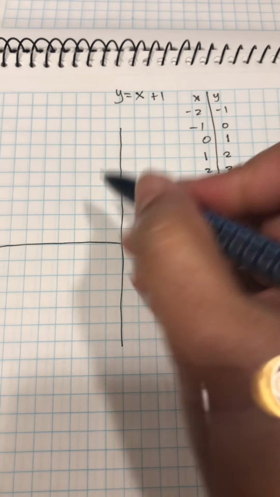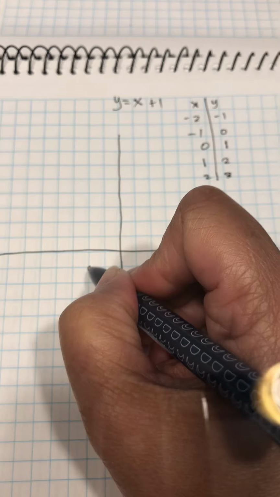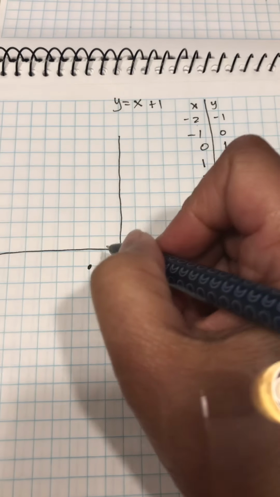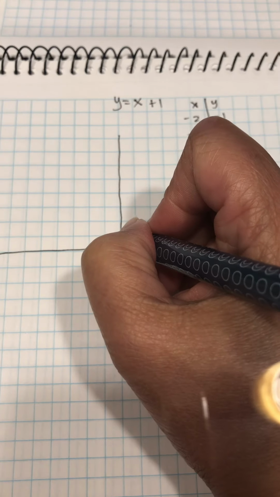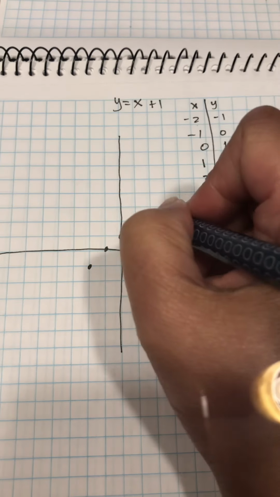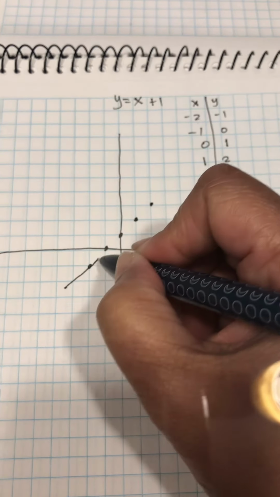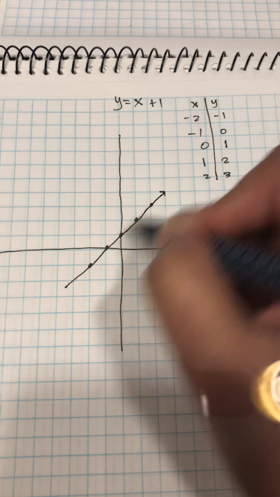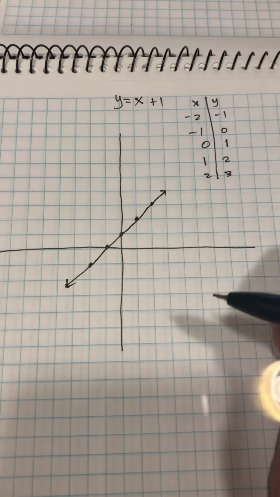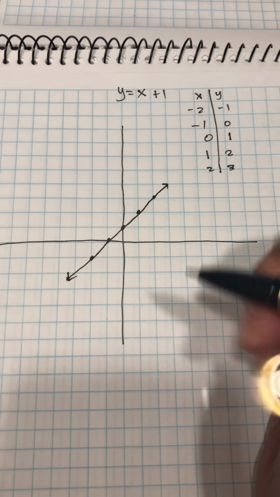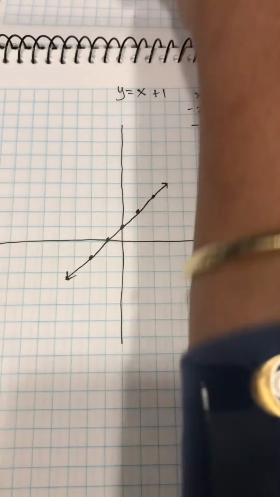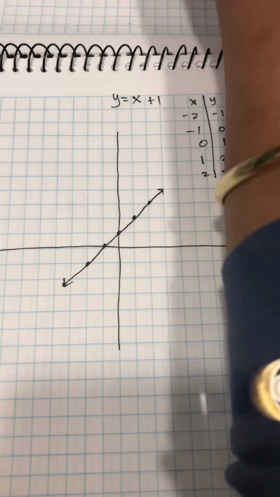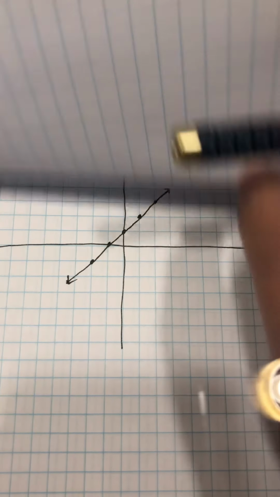All right, let's plot our points. -2, -1. -1, 0, 0, 1, 1, 2, 2, 3. All right. What did we notice from this line here to the line we had before?